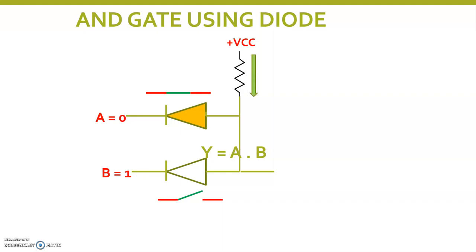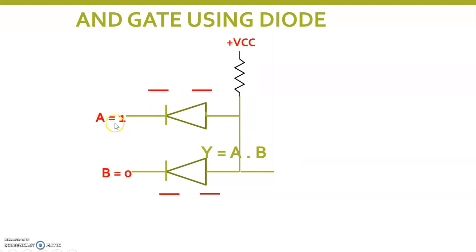Hence current flows from VCC through the resistor and through diode D1 only. No current will flow through diode D2. Hence for this condition of input we will get output equals 0 because this logic 0 is connected to the output, because diode D1 is in forward bias condition and it acts as a closed switch.